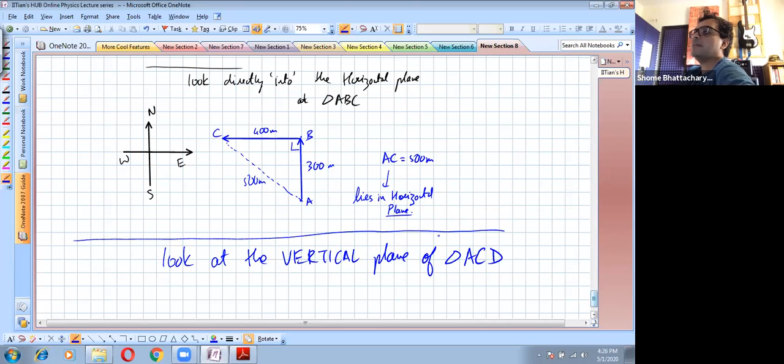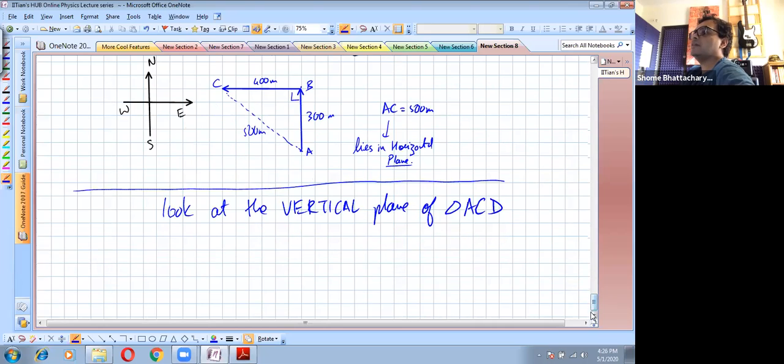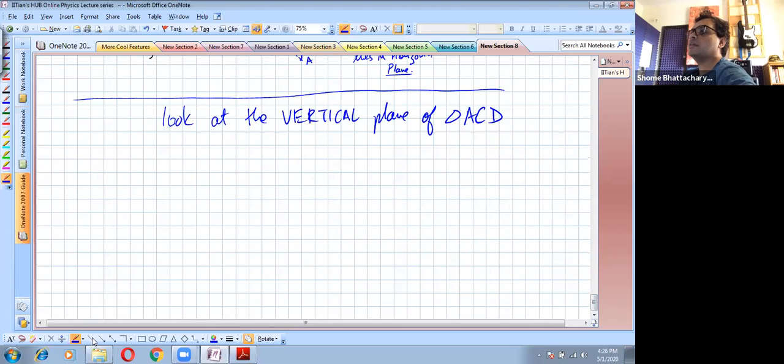So now imagine you're joining those 3 points, the point D which is above and these 2 points A and C which are on the ground, and you are now looking at that triangle. Okay. So we are looking at that triangle where this is on the horizontal ground. This point is A, this point is C. Okay. But this line is now vertical. This is now a vertical line. And this is where my point D is.